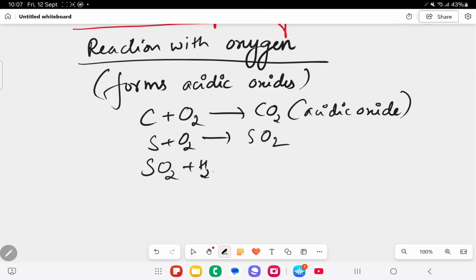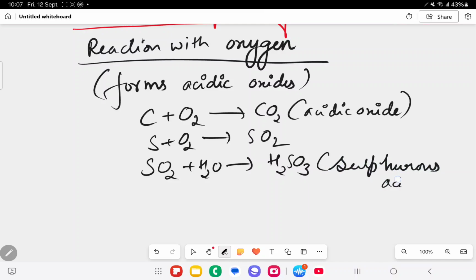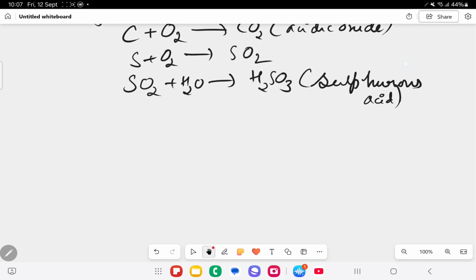SO2 plus H2O gives H2SO3, sulfurous acid is formed. Some oxides are neutral also. Some non-metal oxides are neutral, like CO and N2O.